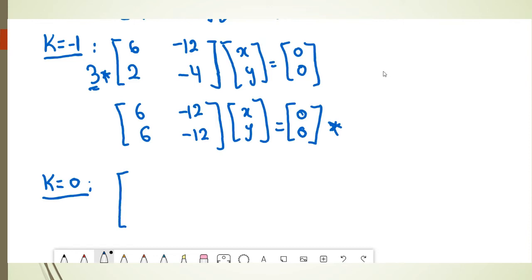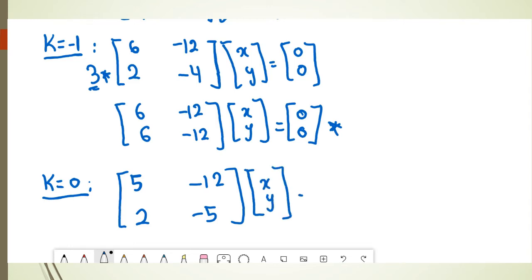We have 5 minus 0 is 5, and then minus 12, 2, minus 5 minus 0 is minus 5, and then we write xy equal to 0, 0.